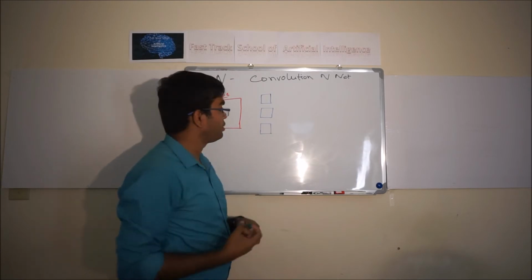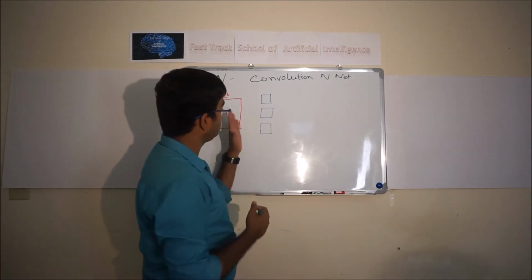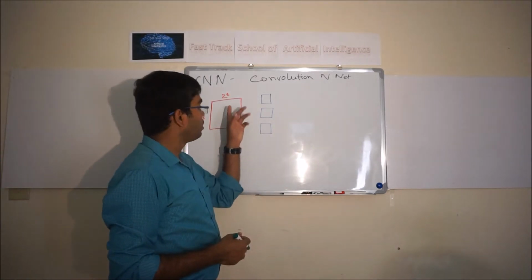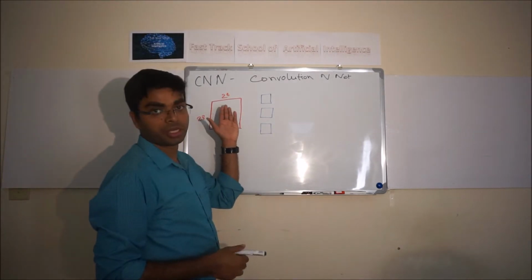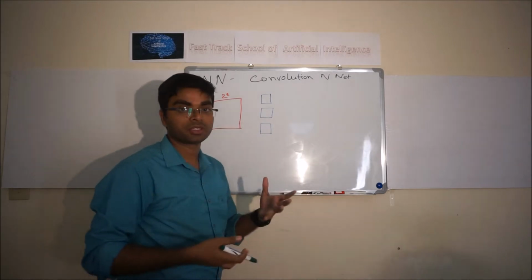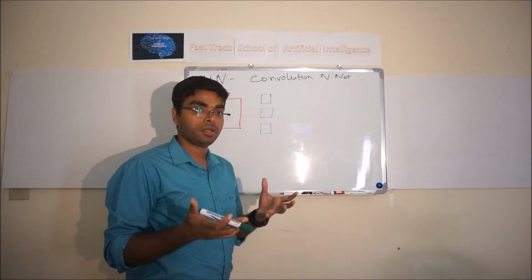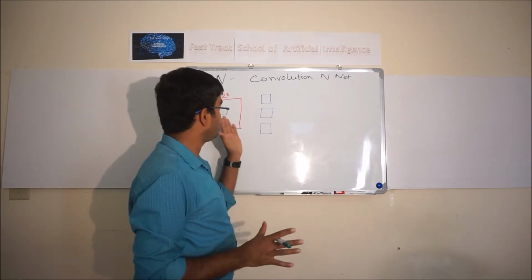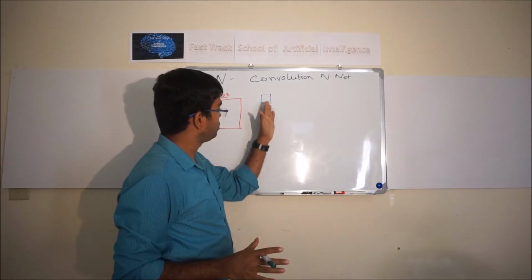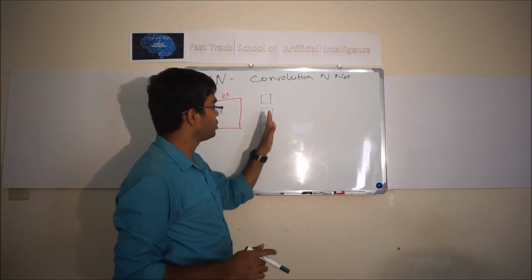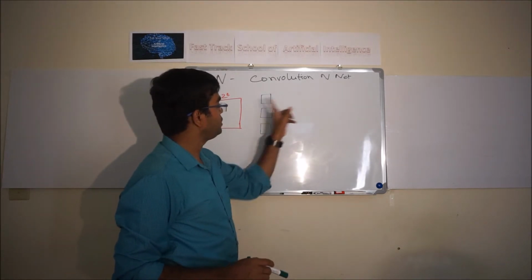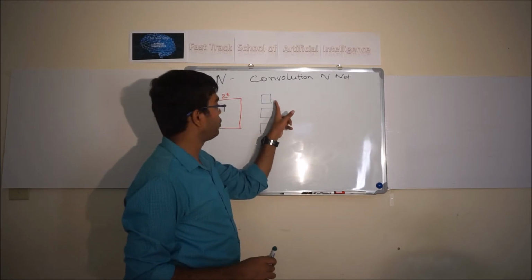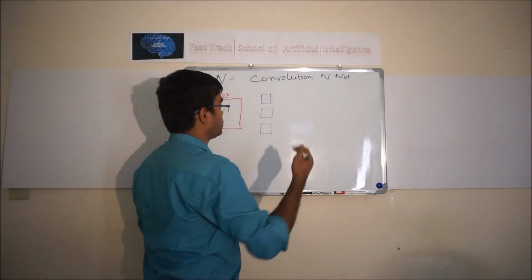and we are getting three output images, mostly of the same size, or sometimes the size may vary depending on your criteria. So as of now, let's assume that it is going to produce the same size image. So we are going to get three separate images from this one image, one for each of these individual filters.